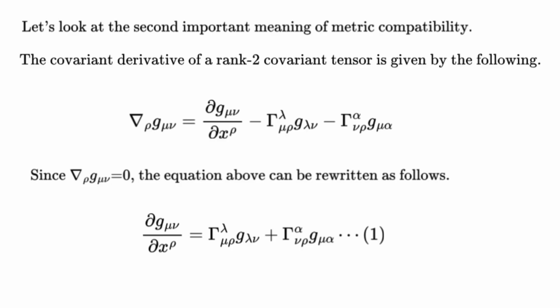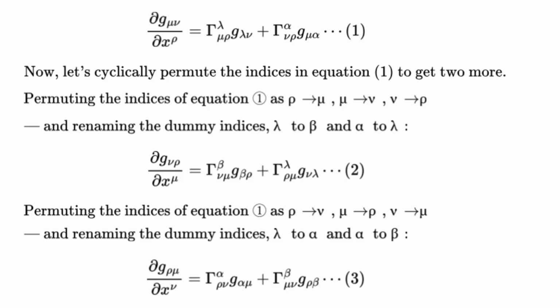Let's look at the second important meaning of metric compatibility. The covariant derivative of a rank 2 covariant tensor is given by the following. Since nabla rho g mu nu equals 0, the equation above can be rewritten as follows. Now, let's cyclically permute the indices in equation 1 to get two more.